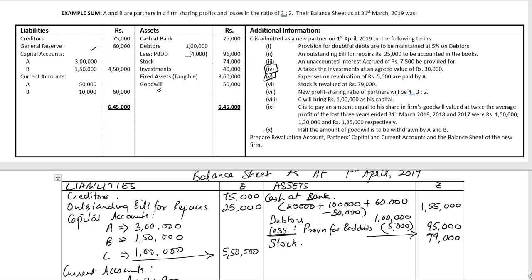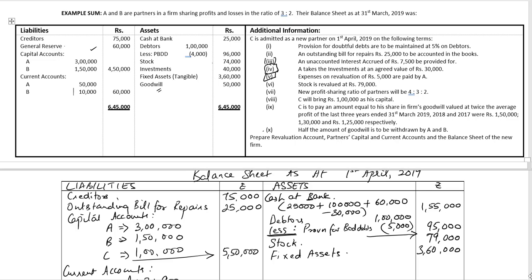Investments has been taken over by partner A. The fixed assets, tangible, is 3,60,000 rupees. The third point in the additional information, there's an interest accrued amount of 7,500 rupees.